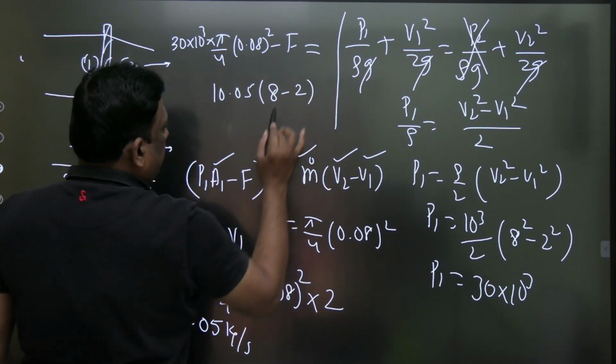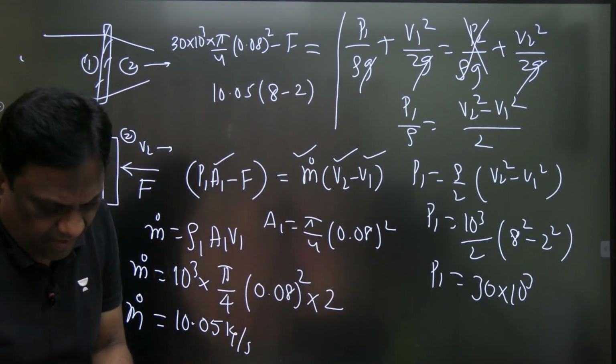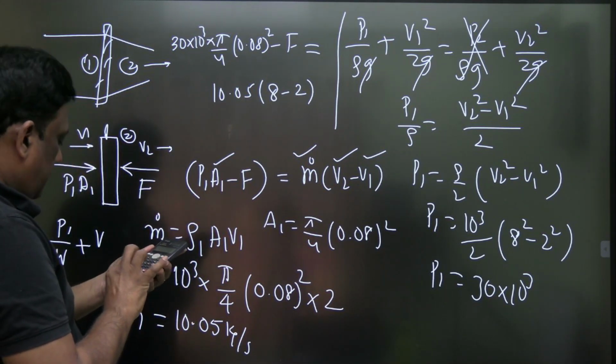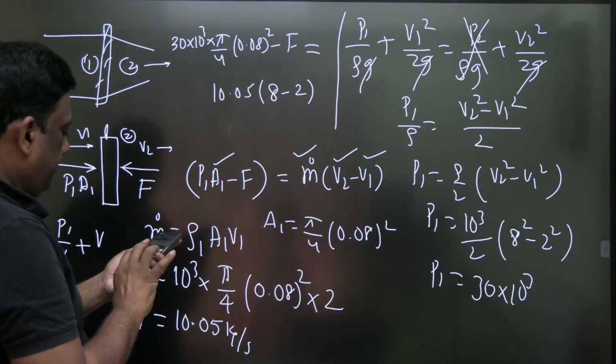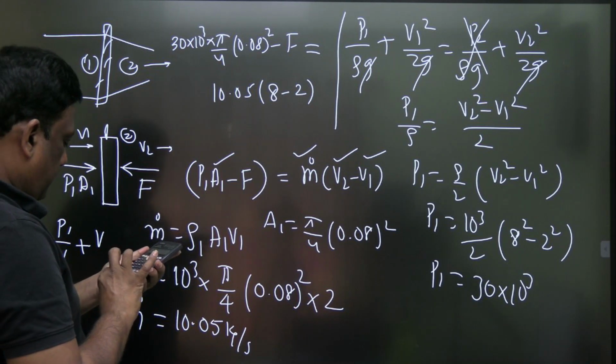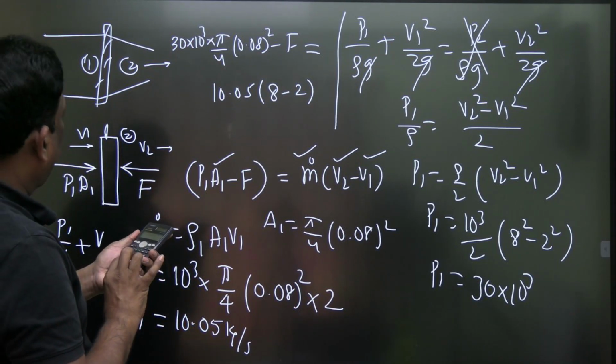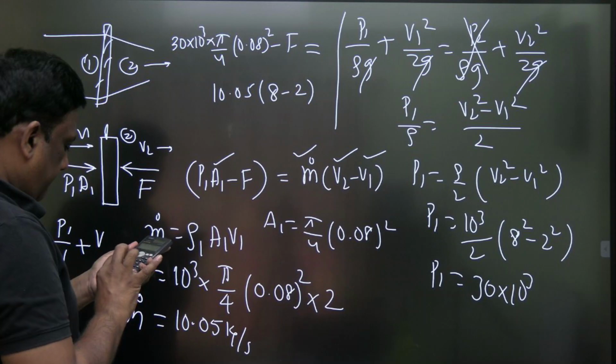Is it correct? Yes, let me calculate. 6 into 10.05 is 60.3.